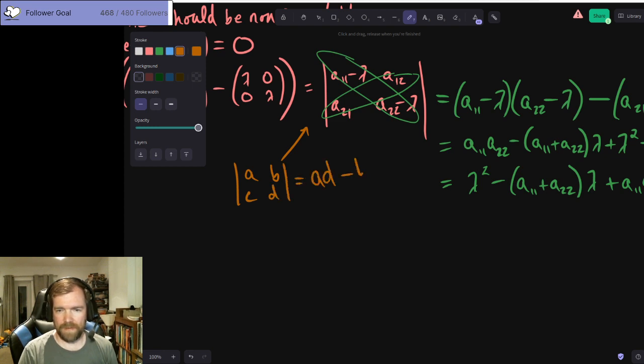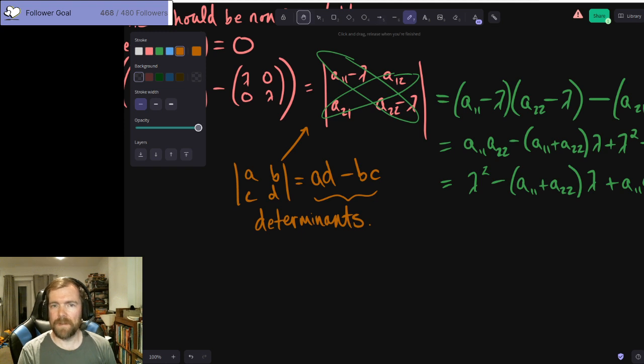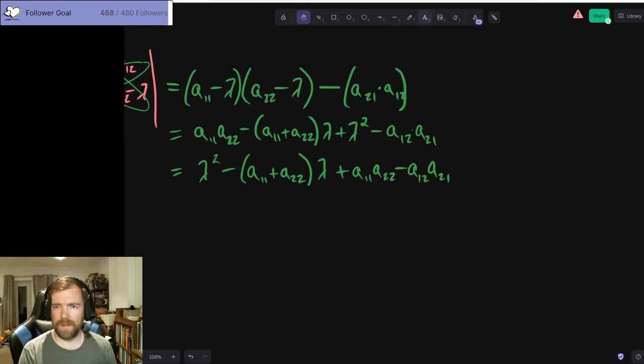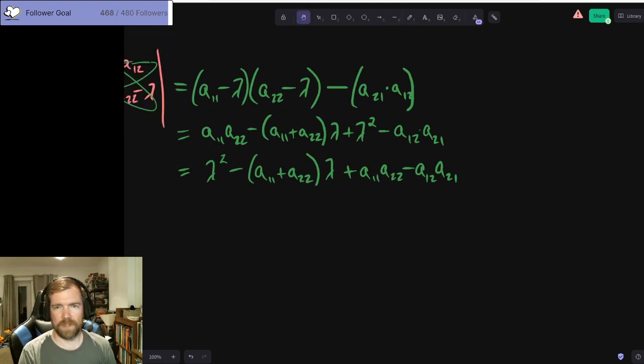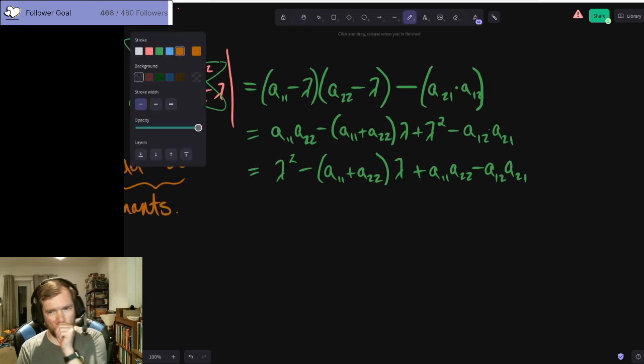Go for it. If you look at the way you've written the general quadratic, the A11 and A22 is the sum along the diagonal. And we usually call that the trace of the matrix, from linear algebra. And then the thing on the right, you've got A11 A22 and A12 A21.